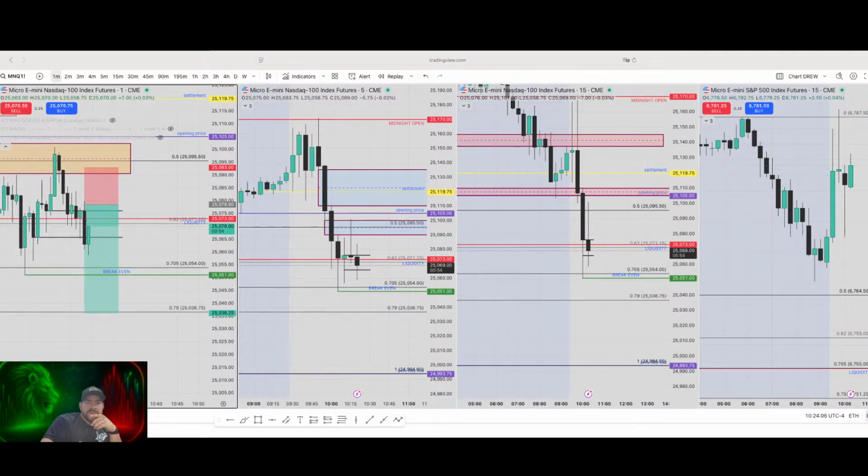Adjust my stop a little bit closer. We'll just see what happens here. Not too close. It's a little bit closer. That's all. Let's see what makes sense here.